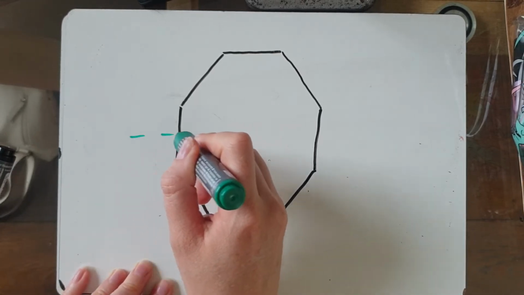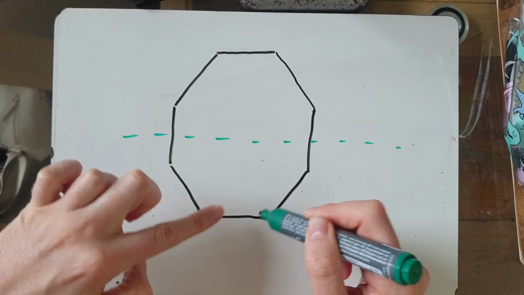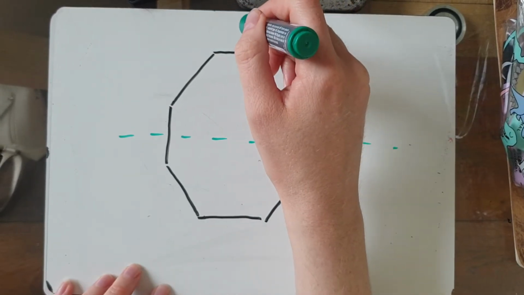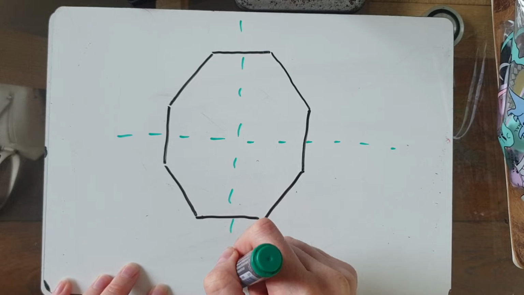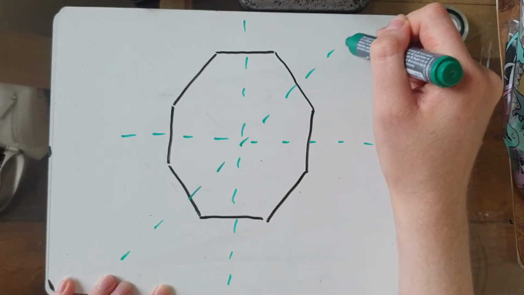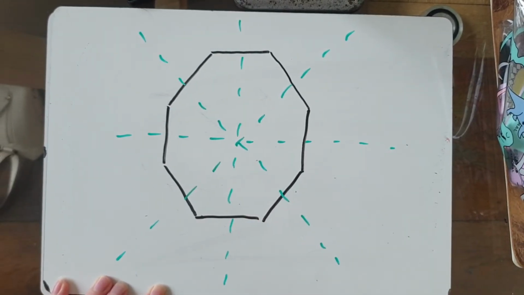It has 1 here, because this side is a mirror of this side. It has one here. It should have, if I'd drawn it well enough, another one there and another one there. So that's 4 so far.